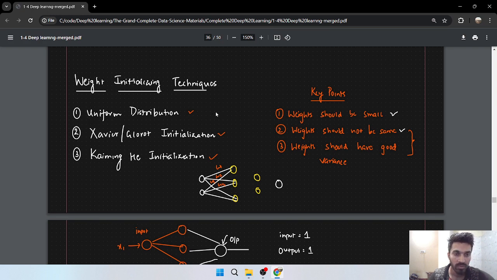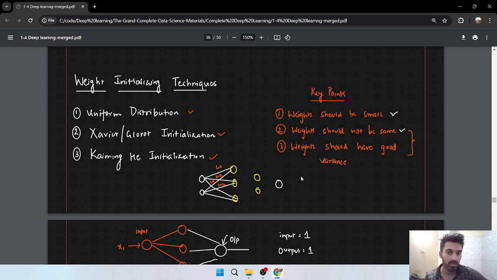The first one is uniform distribution, the second one is Xavier or Glorot initialization, and the third one is Kaiming He initialization. Weights should be small. Weights should not be the same. Weights should have good variance. These are some advantages. Like in uniform distribution, weights should be small.